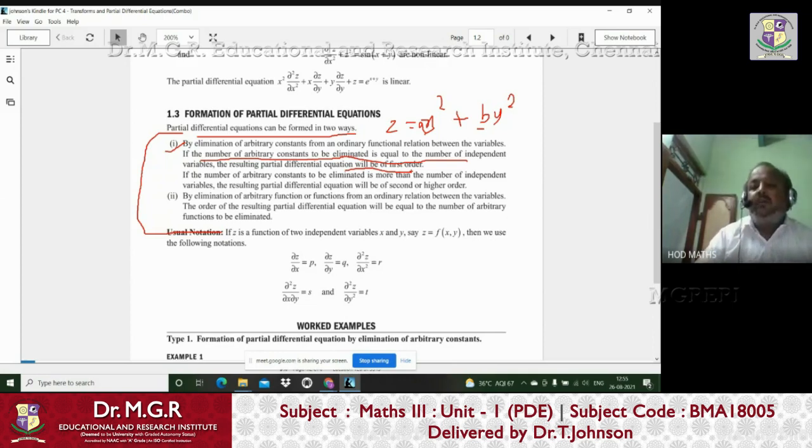Can any one of you tell me how many arbitrary constants are there in z equals a x plus a x square plus b y square? How many arbitrary constants are there?